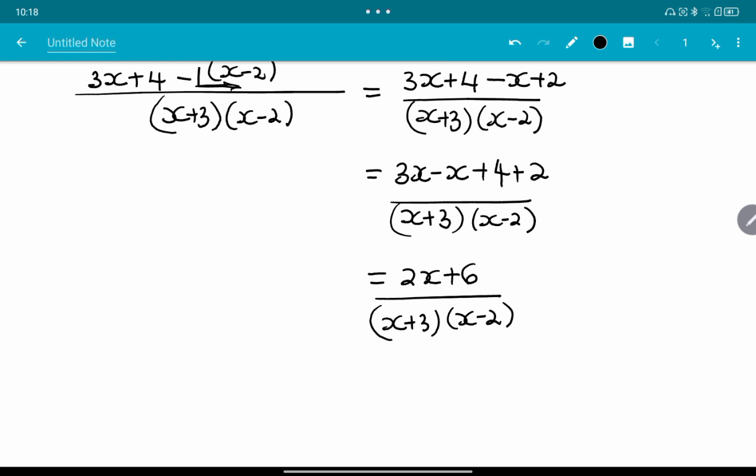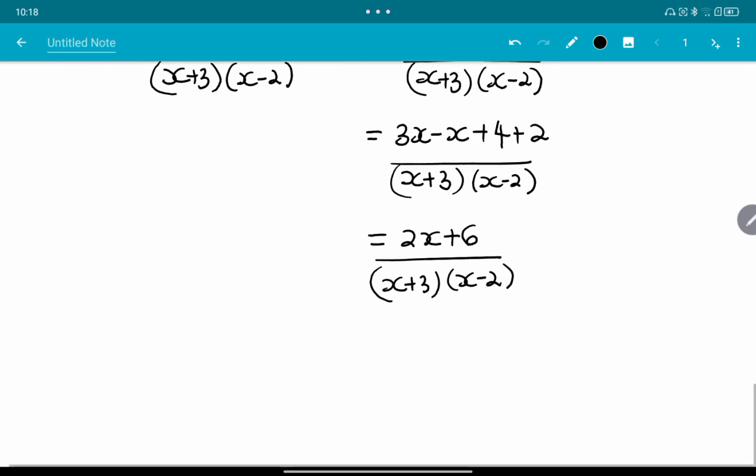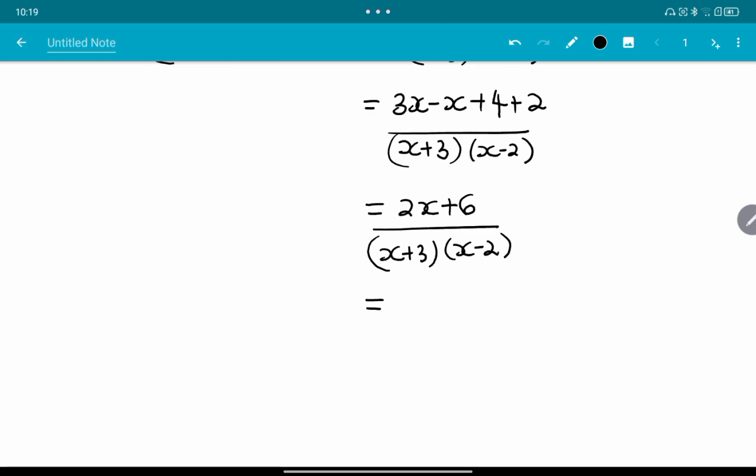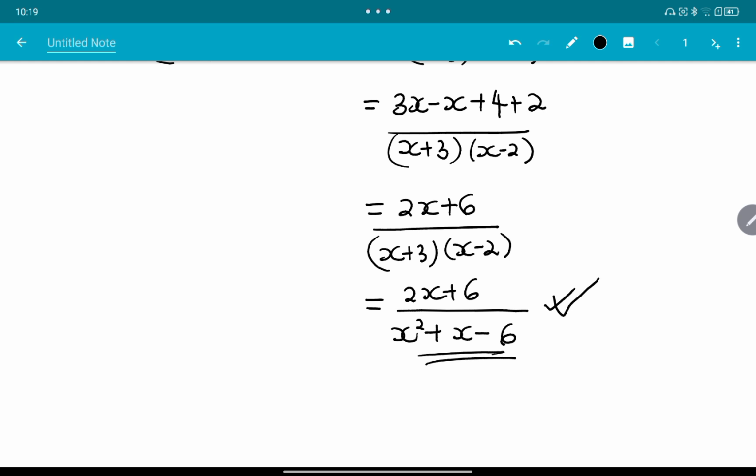Then the denominator, we can leave it at that point, or we can expand it. When we expand it, we'll get 2x plus 6 all over x squared plus x minus 6. This becomes my final answer. Okay, thank you.